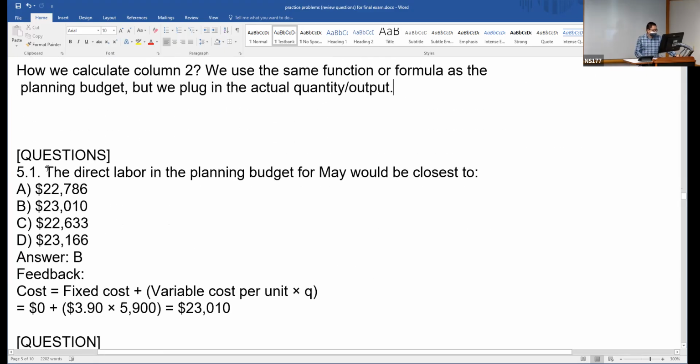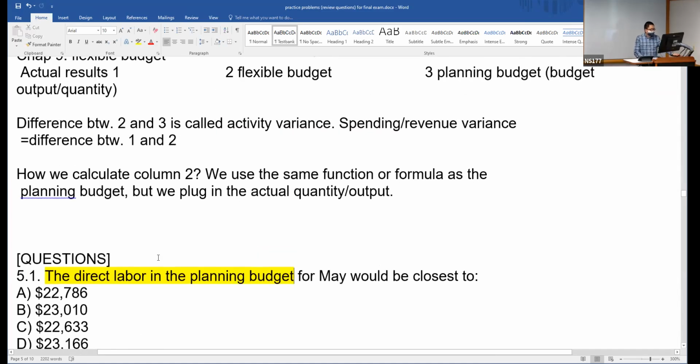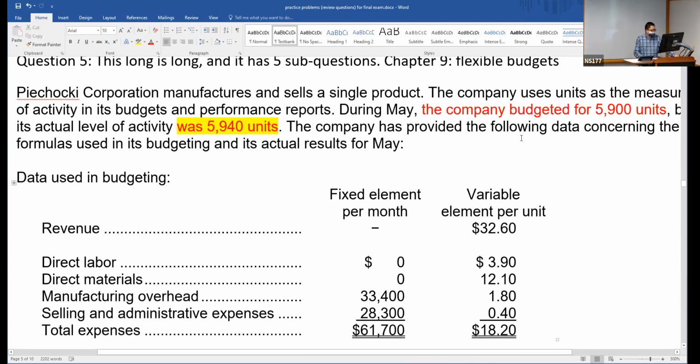For the first question, the direct labor cost in the planning budget will be closest to what? We know how we do the planning budget: we have a formula, and if we plug in the planning activity level or planning output, we get the direct labor costs in the planning budget. Let's go back to the budgeting.